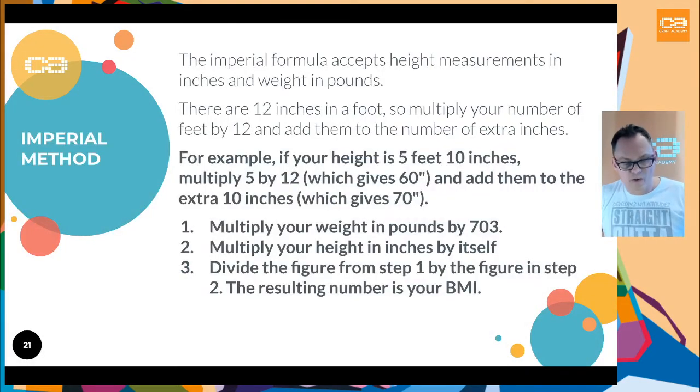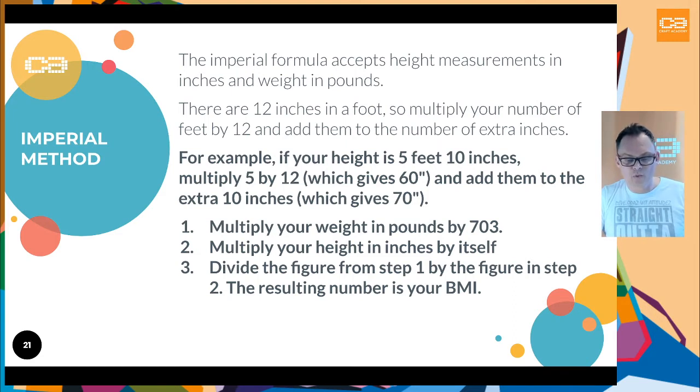In the imperial method, it also accepts height measurement and weight, but in inches and in pounds. A lot of people know their height in feet and inches, but we have to recalculate that to actually be totally in inches.